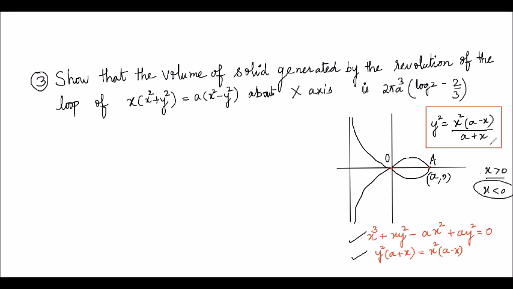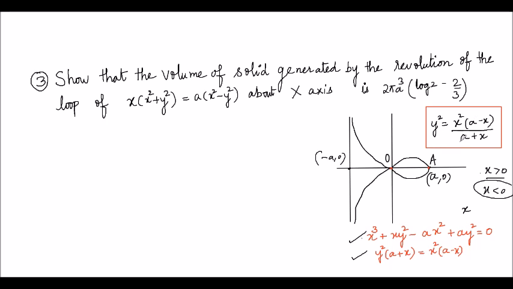Since x is less than 0, the curve will not exist if x lies beyond this point, which is x = −a, the point (−a, 0). Beyond this the curve will not exist because y² will not be defined.